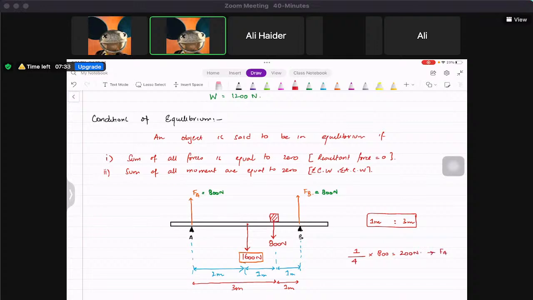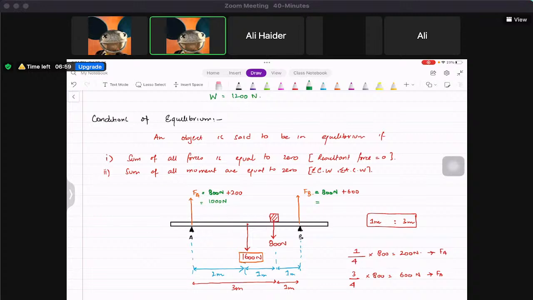Why? Because A is away from this. So I'll add 200 with this. And for the other one, 3 is the other number for the ratio, and the total ratio is 4, times 800. So that's going to be 600. So the other one is going to be transferred here. So in total, this one is going to have 1000 newtons reaction, and this one will have 1400.